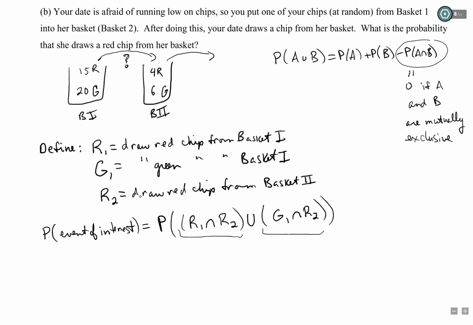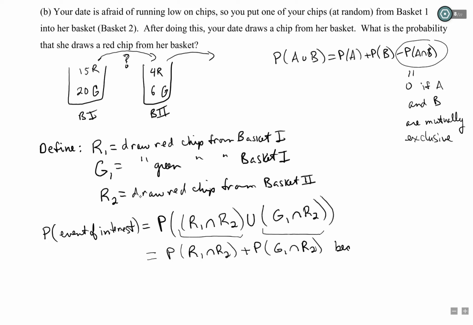Is this event mutually exclusive of this event? In other words, do they have any outcomes in common? Can this one and this one occur at the same time? And the answer is no, they can't. And so this would be the probability of R1 intersect R2 plus the probability of G1 intersect R2.